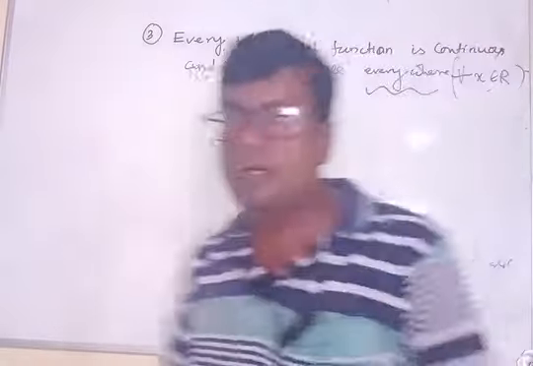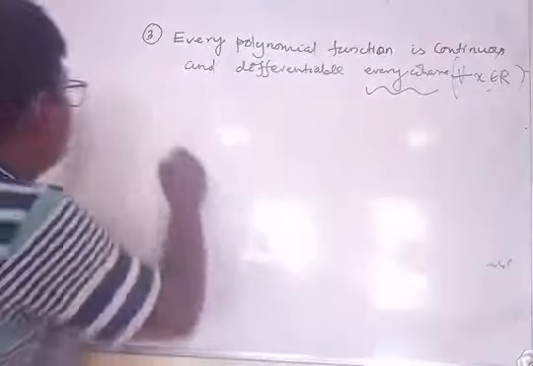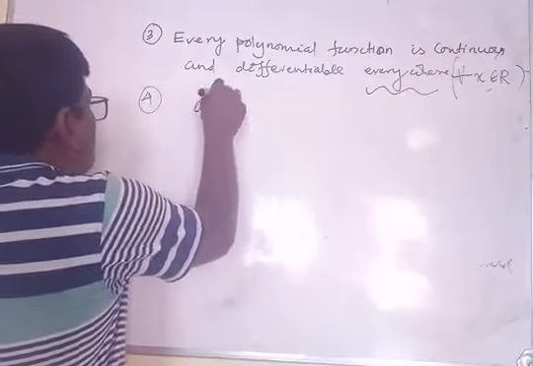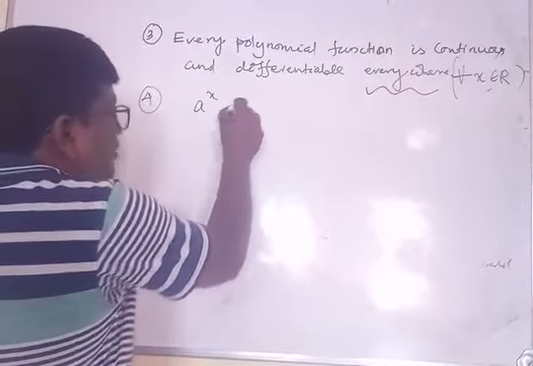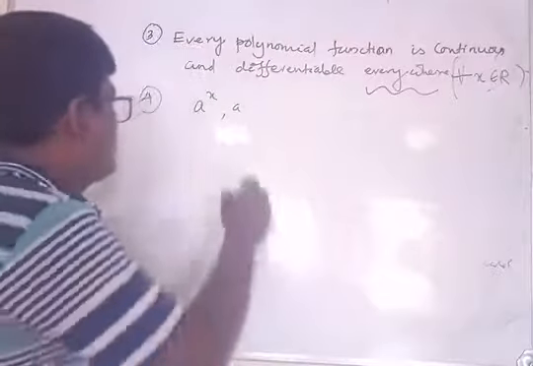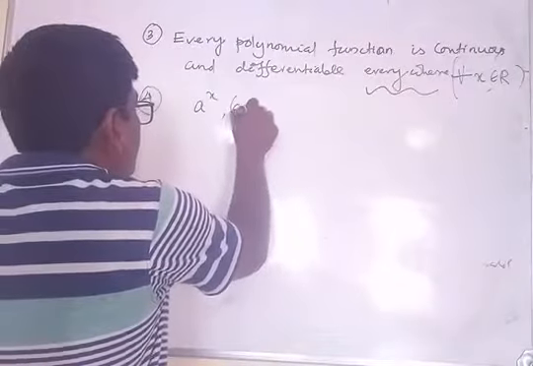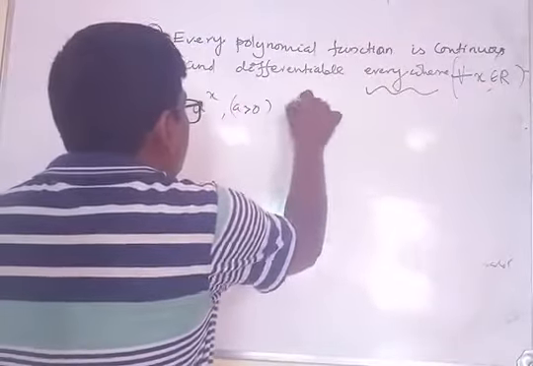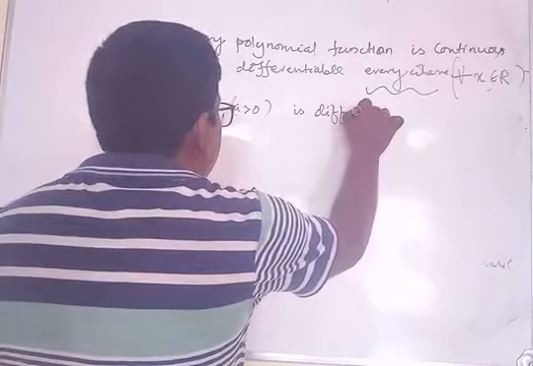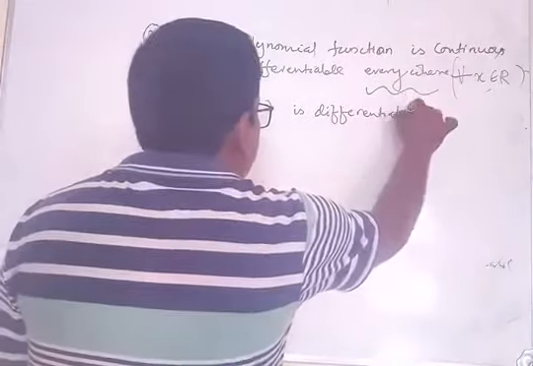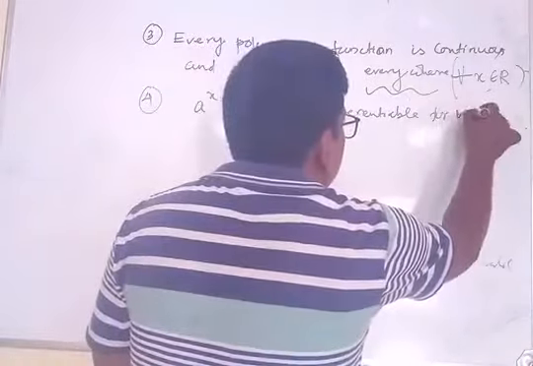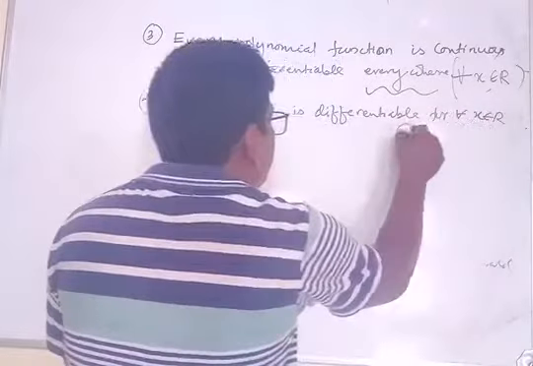Then note number 4. A to the power x, where a is greater than 0, is differentiable for all x belongs to R, means everywhere.